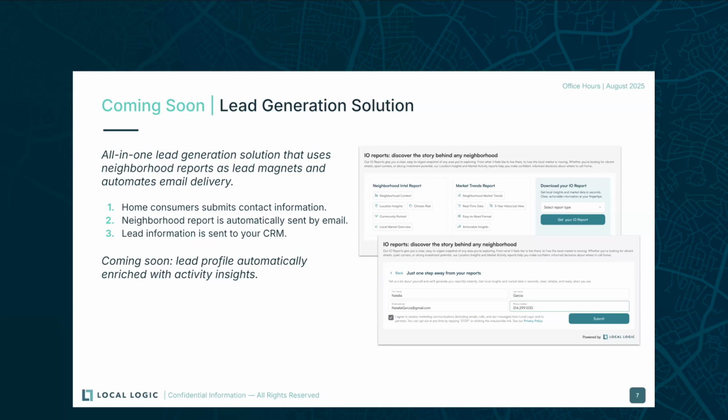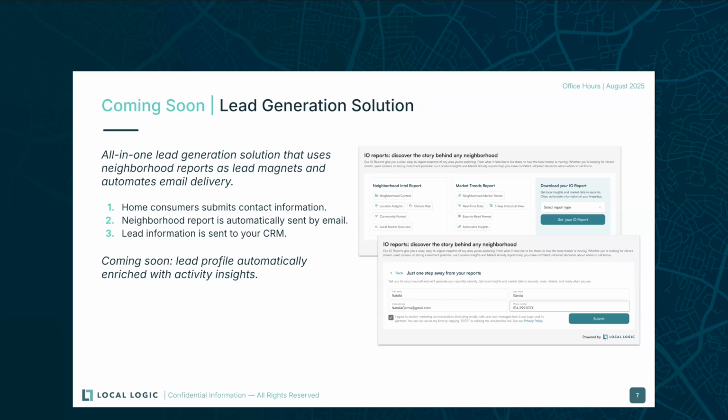Now, coming in the future, we're also going to eventually start enriching this lead information with insights about what each unique home buyer is interested in. Because we are a neighborhood company, we understand the neighborhood insights that drive home buyer interest. So we'll be able to help enrich that information with whether a particular home buyer seems to be very interested in quiet neighborhoods, or they want something that's more vibrant, or they're interested in being able to walk to different places, or they want to drive, or they're really focused on public elementary schools, or they seem more focused on shopping and amenities.